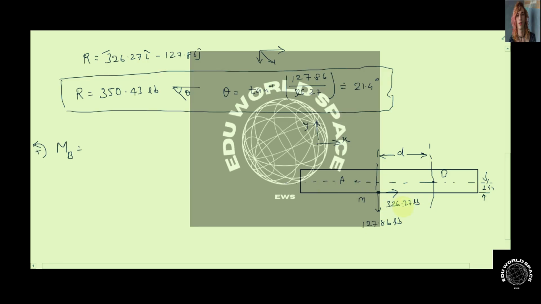This 326.27 pound force is going to cause an anti-clockwise couple, so this will be plus 326.27 multiplied by 1, while the vertical component will also cause a counterclockwise couple, so we add them, and this will be 127.86 multiplied by the perpendicular distance, D.